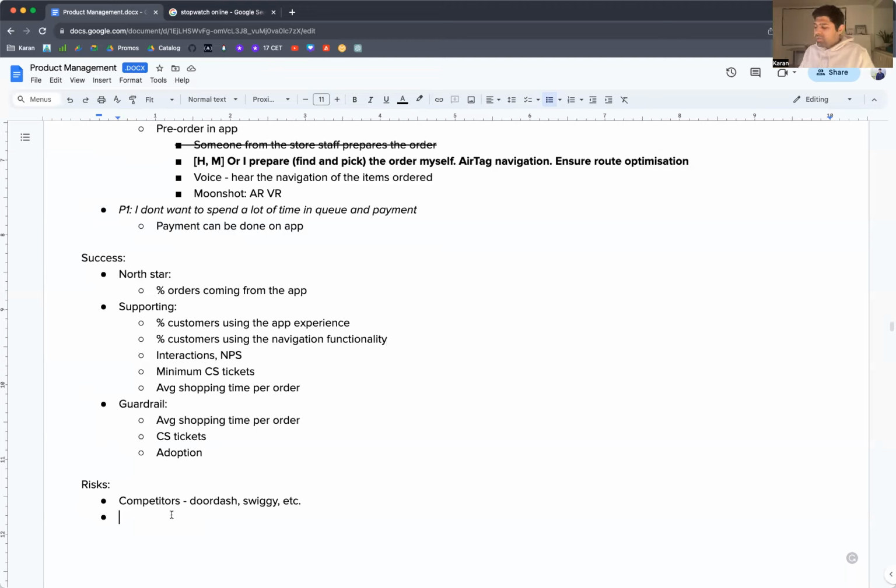With this whole in-store shopping app experience, with the navigation, and even in the future the voice and AR/VR, we can create a very good experience for our shoppers, and we can beat the marketplace models in place, so that we have better customers, and we regain our market share when it comes to grocery shopping, not from home, but rather from the store. So that's something to consider, competitors.